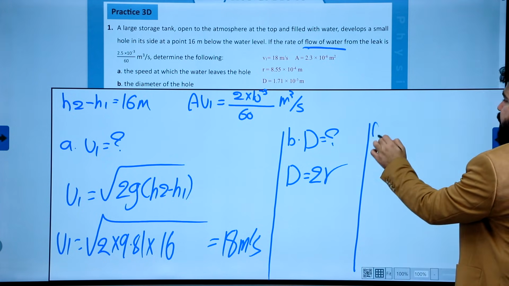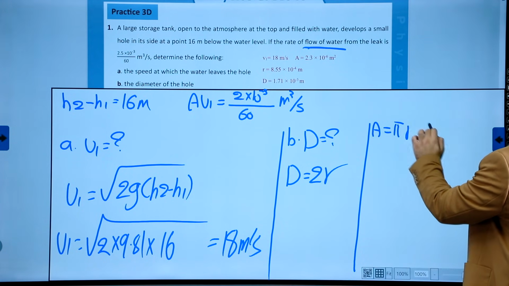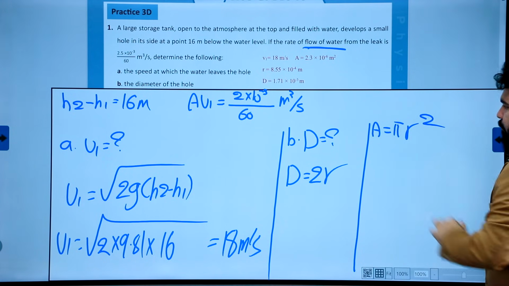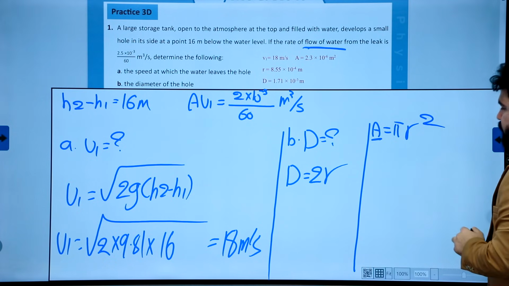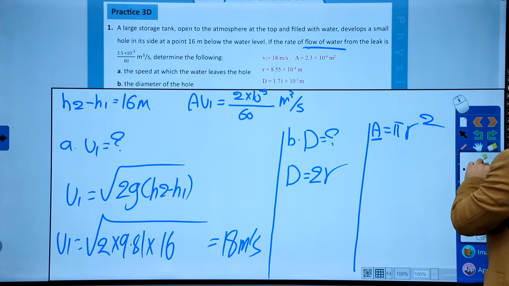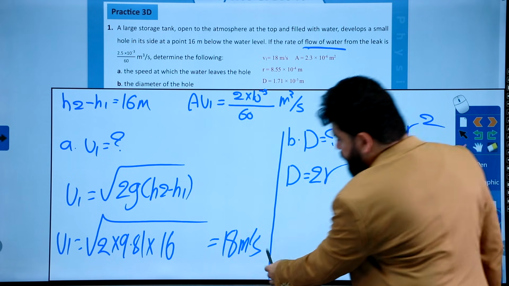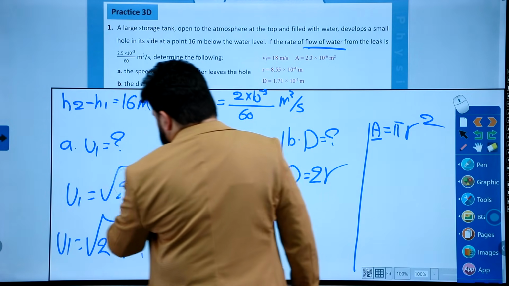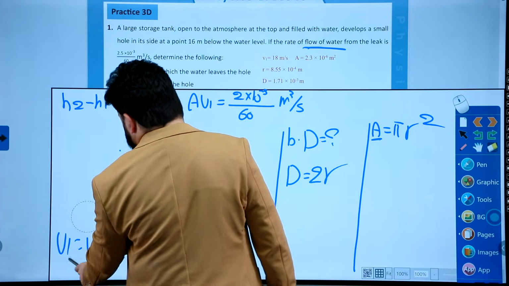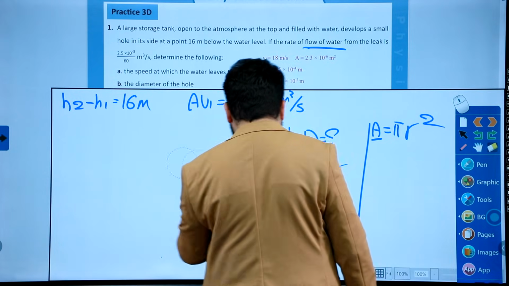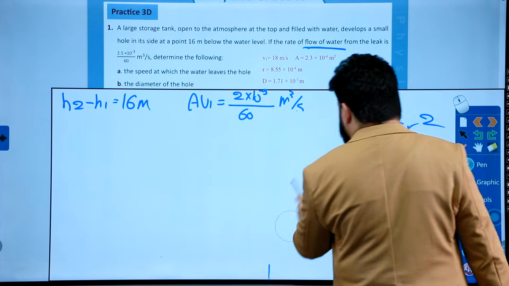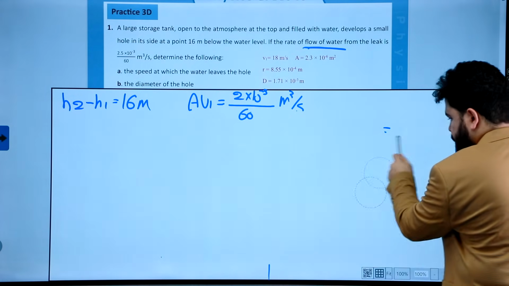Area is equal to pi r squared, but I don't have the area too. So what can I do? You know that speed is equal to 18 meters per second. So I'm going to delete this.